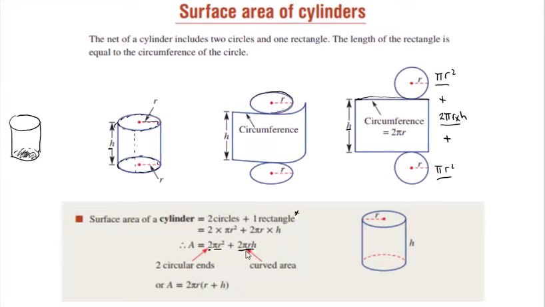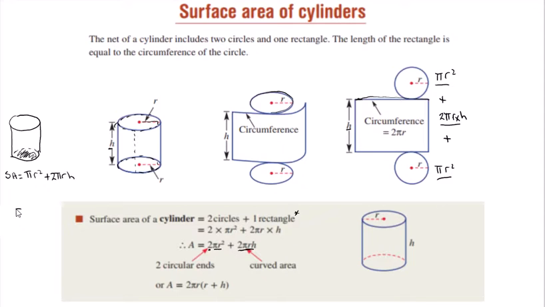Do we have the curved part? Well, yes, we do. So the surface area would be the curved part, but also just one of the circles. So the formula would be pi r squared plus 2 pi rh.